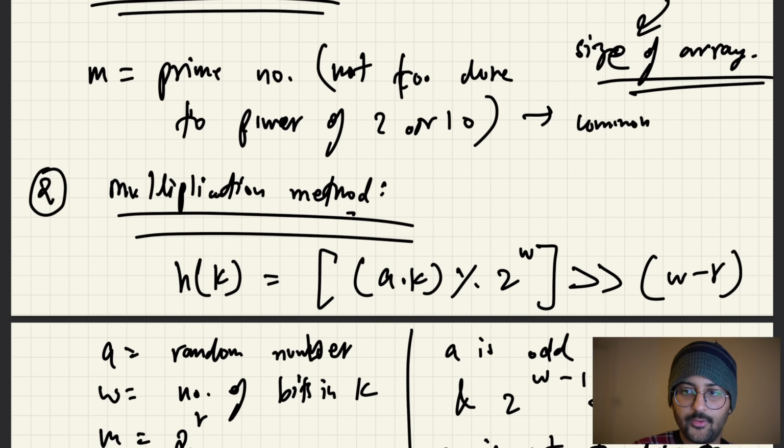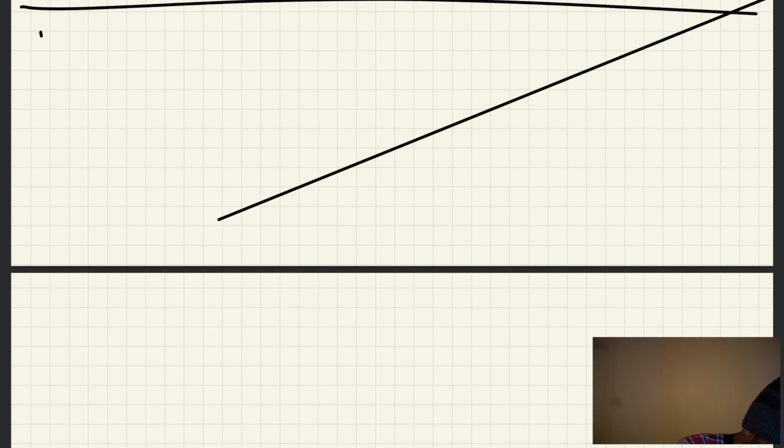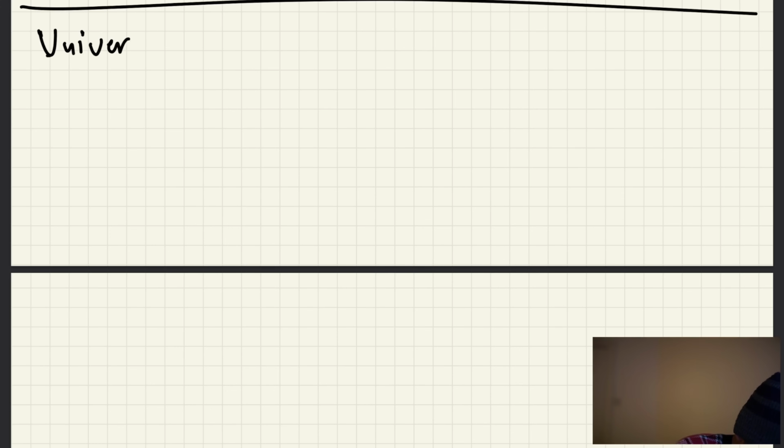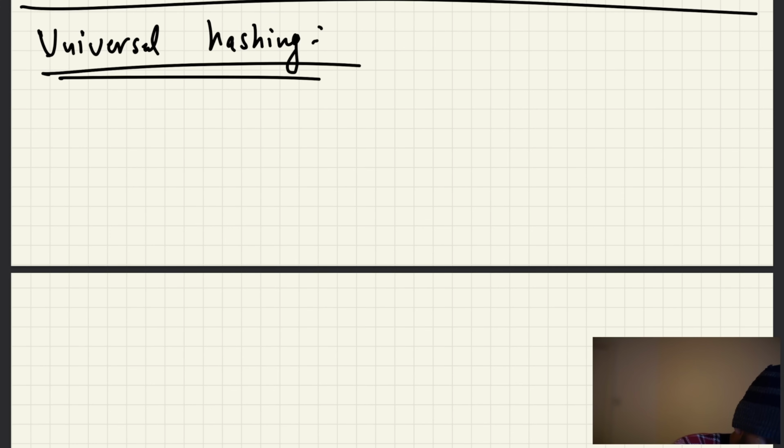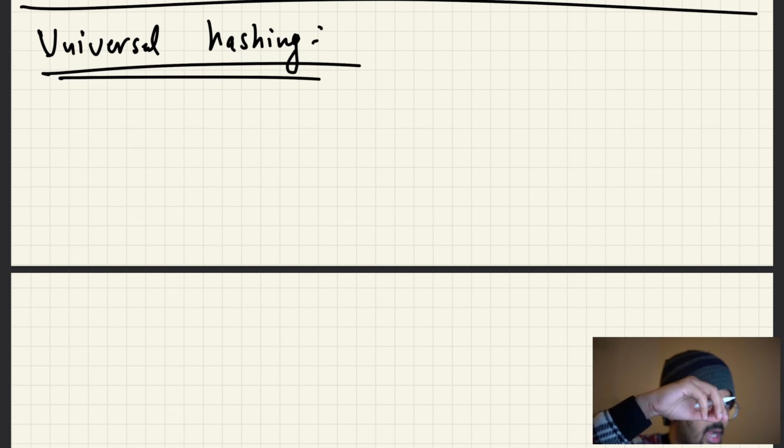Now, moving on, another method of hashing that I want to tell you is universal hashing. Right now I'm just telling you how numbers are converted into indices, so the hash value.